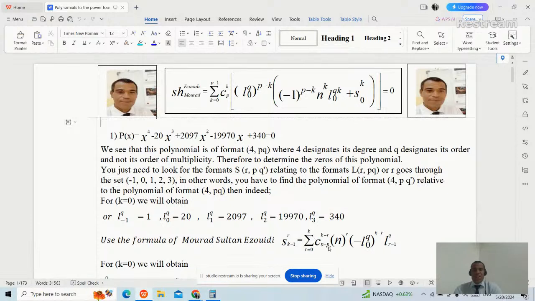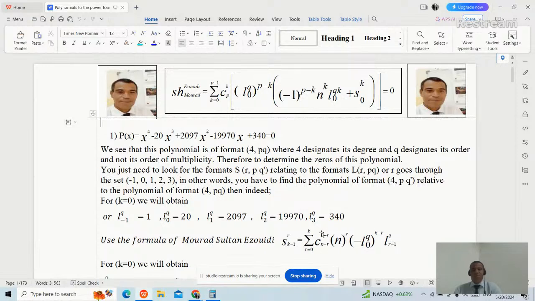Therefore, n to the power r times minus L_0 of order q, all raised to the power k minus r, multiplied by L_r minus 1 of order q.